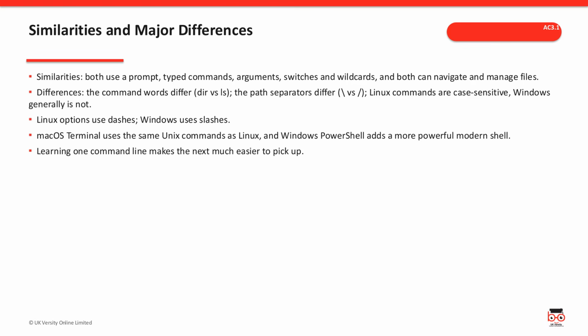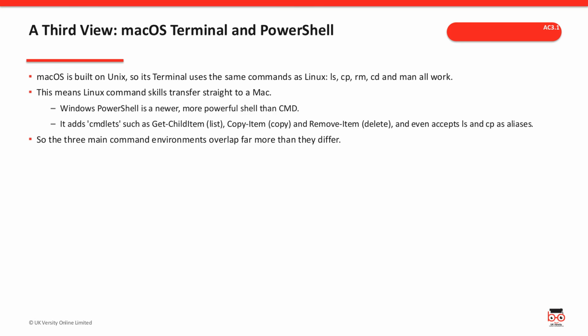Linux is case-sensitive, where Windows generally isn't, and Linux options use dashes, while Windows uses slashes. On top of that, the macOS terminal uses the same Unix commands as Linux, and Windows PowerShell adds a more modern, more powerful shell. That last point deserves a slide of its own.